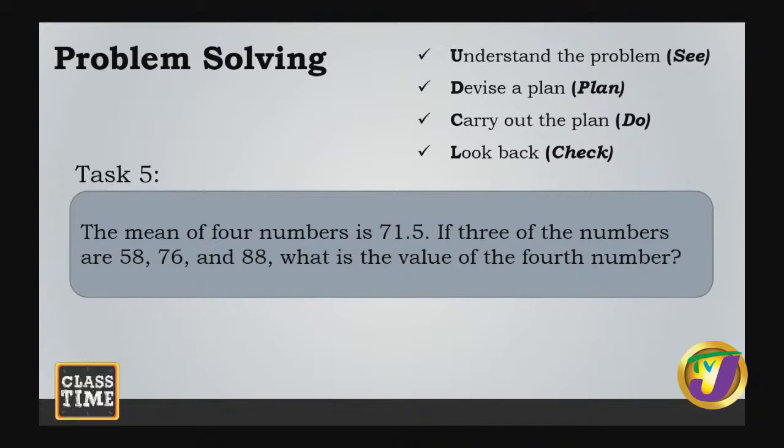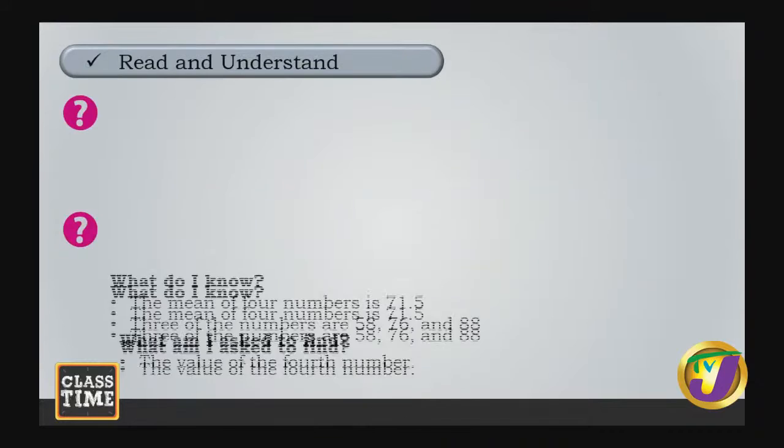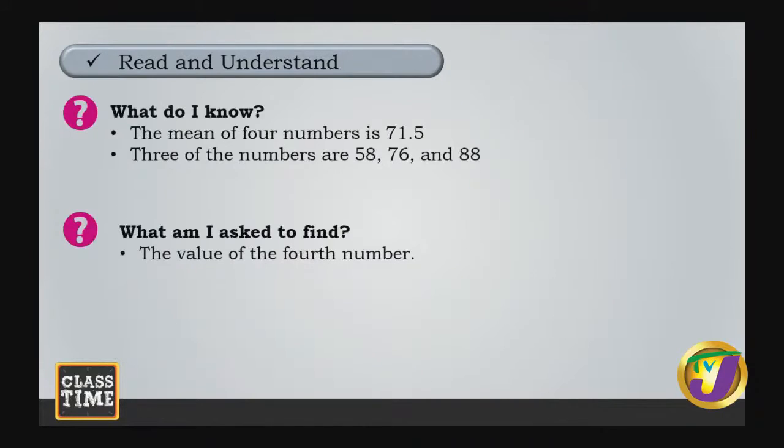What do I know? What information were you given? I know that the mean of 4 numbers is 71.5. I also know that I'm given 3 of the 4 numbers, and the numbers that I'm given are 58, 76, and 88. What am I asked to find? I am asked to find the value of the 4th number.